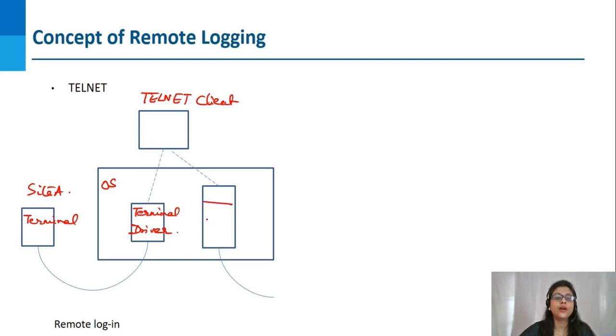From the telnet client, there are different levels, like this will be the application layer, then the transport layer, then the data link layer, and the physical layer. Now, when the keystrokes go from the terminal to the operating system, it feeds the keystroke to the terminal driver. Accordingly, it understands that this is not meant for the local client, but rather for a different server at a different site. So it goes to the telnet client. From the telnet client, it goes to the various layers of the TCP/IP protocol.